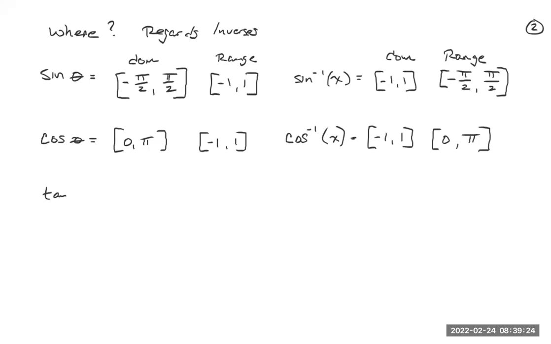When discussing tangent, now remember tangent, we have vertical asymptotes now, right? So our domain is limited from negative pi over 2 to pi over 2, and that's because sine is in the numerator, right?